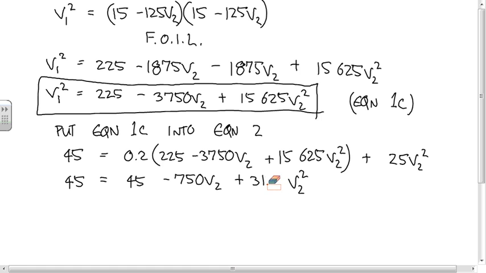So I'll just make this 3150 v2 squared. The 45s cancel, and you end up with 0 equal to negative 750 v2 plus 3150 v2 squared.